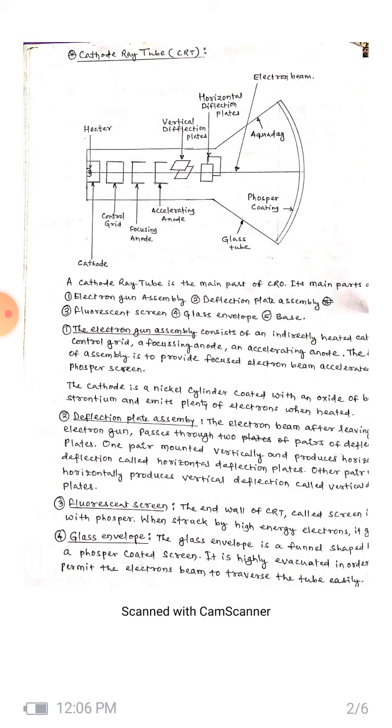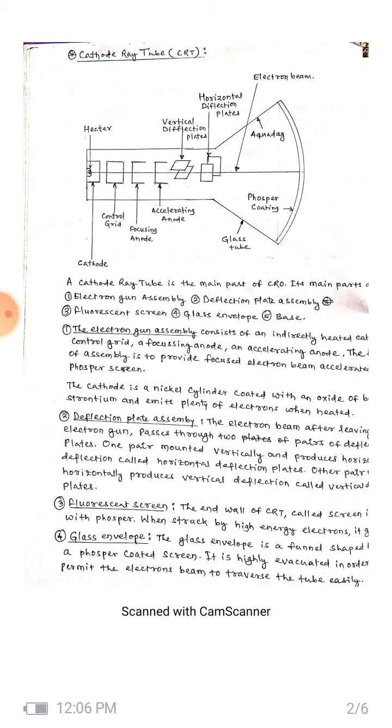These four sections make up the electron gun assembly here. The function of this assembly is to provide the focused electron beam which is accelerated towards the phosphor screen. The cathode is a nickel cylinder coated with an oxide of barium and strontium, and emits plenty of electrons when heated.